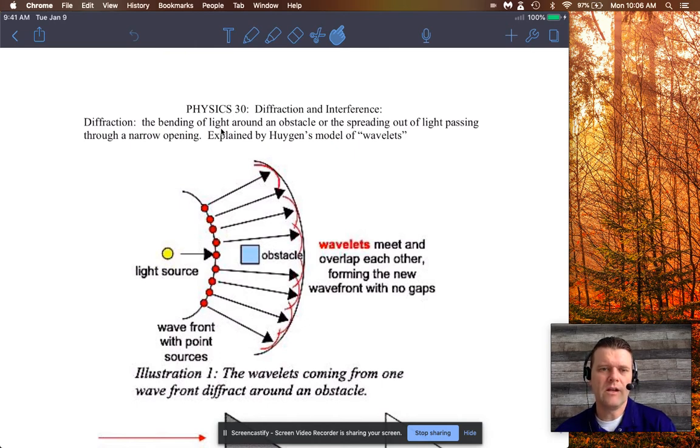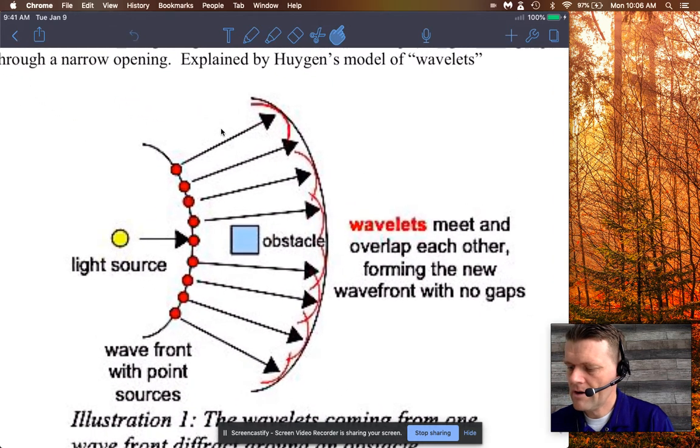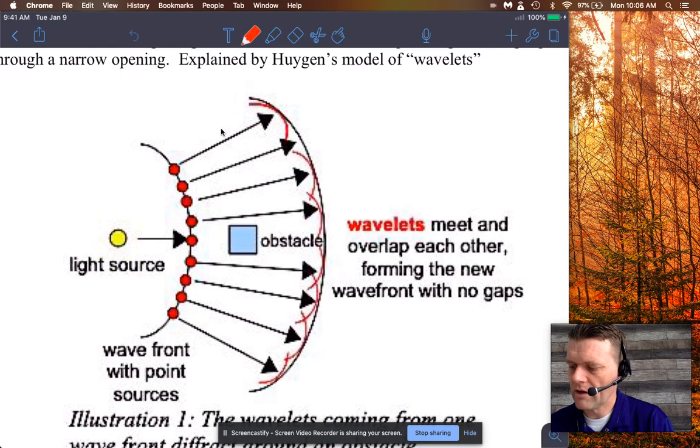He had proposed that light wave fronts are really made up of a whole bunch of individual point sources or wavelets, as he called them. So if you look at this diagram here, all the red dots signify a point source.